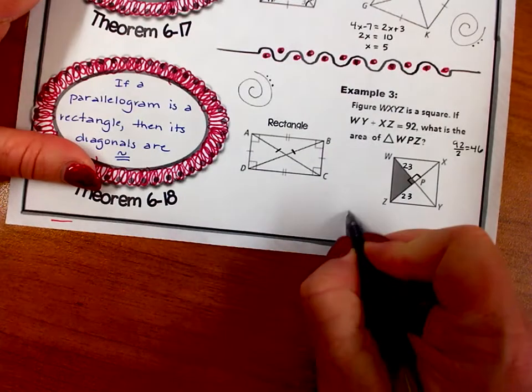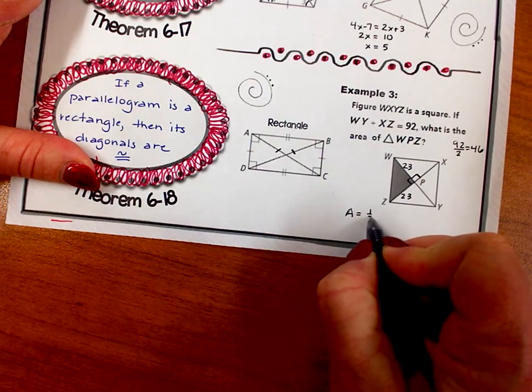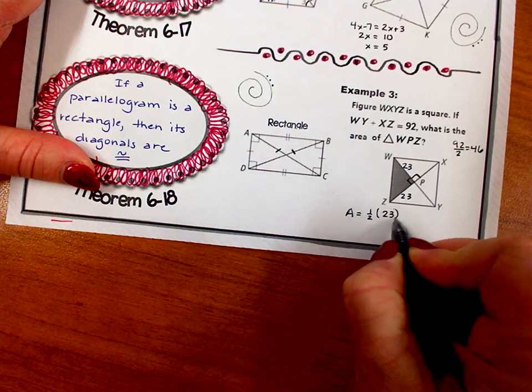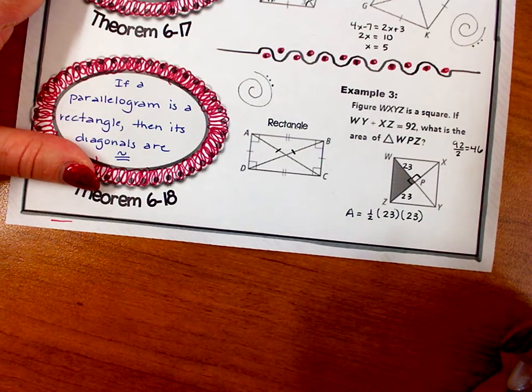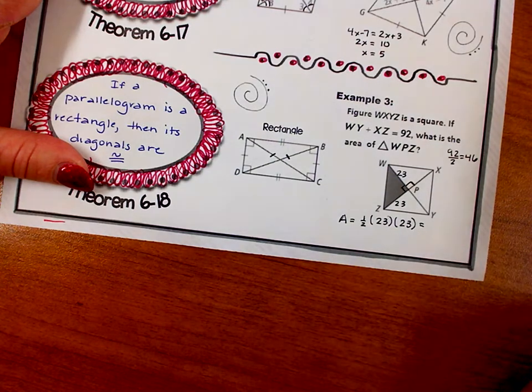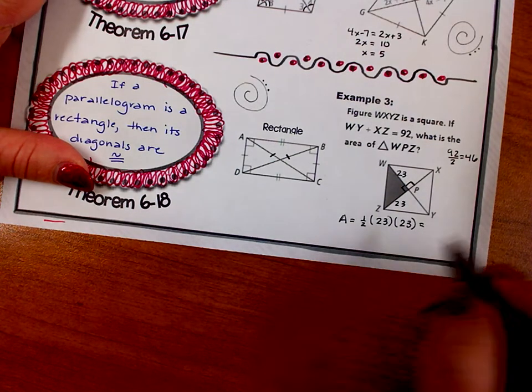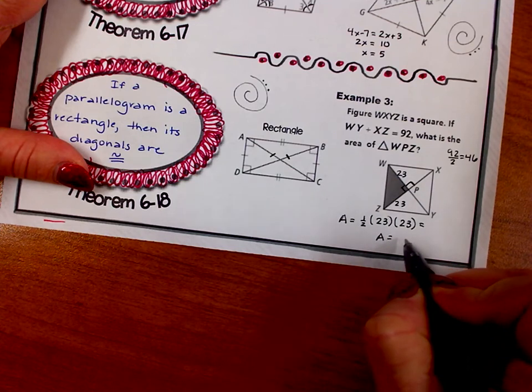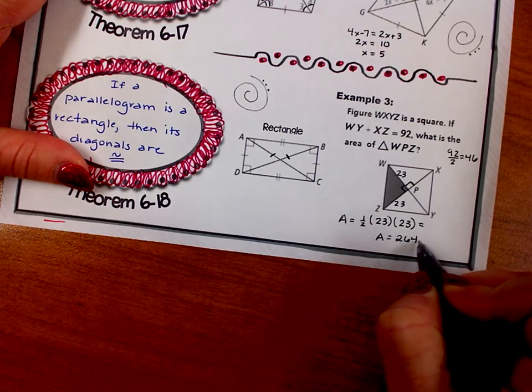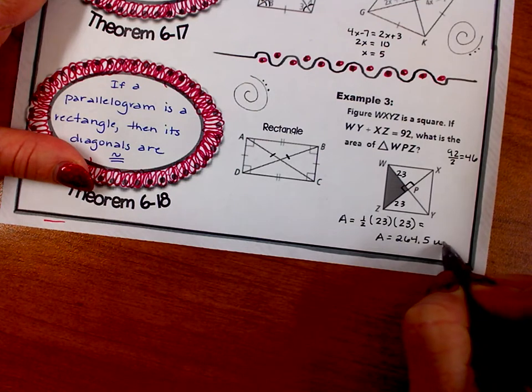So we're looking at area is equal to 1/2 the base, which is 23, times the height, which is 23. And when you multiply those out, you're going to end up with an area of about 264.5 units.